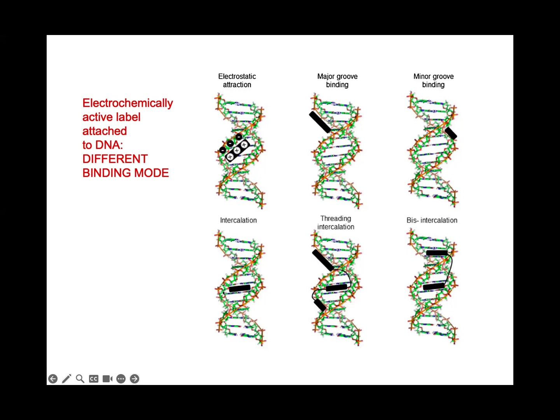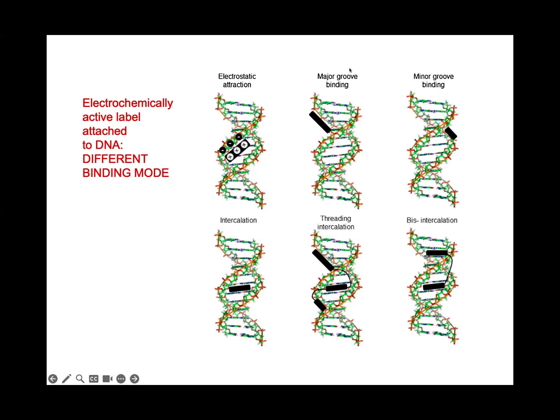Remember, this is the DNA structure, and the intercalator slides into the DNA structure. So remember, one is the intercalator. The objective is to change the electrochemical properties of the DNA. That's the purpose.